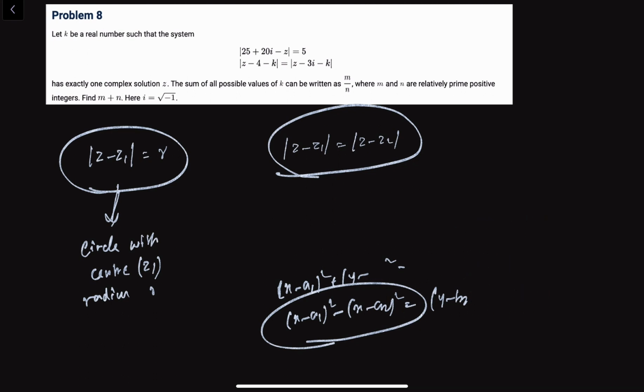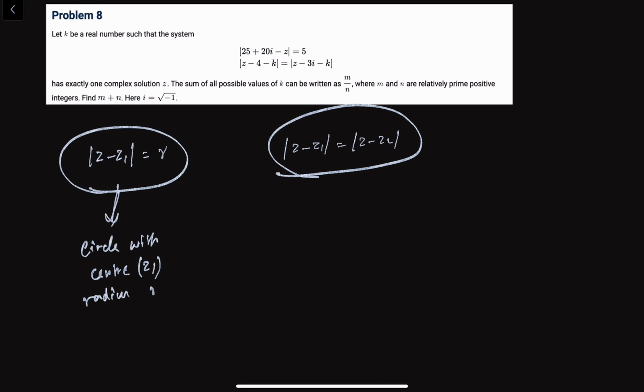But which line are we getting? We can see that by using this. If we have two fixed points, z1 and z2, we need to find the points which are equidistant from these two points. The obvious one is the midpoint, and if we go along the direction perpendicular to the segment through the midpoint, all these points will be equidistant.